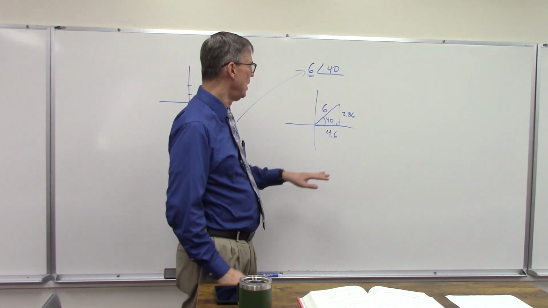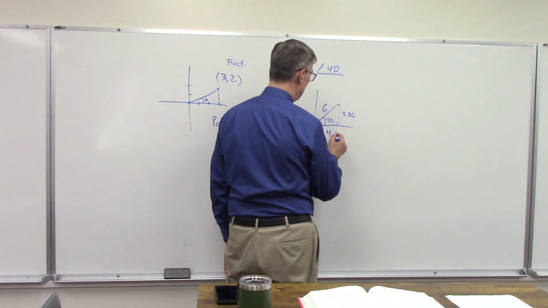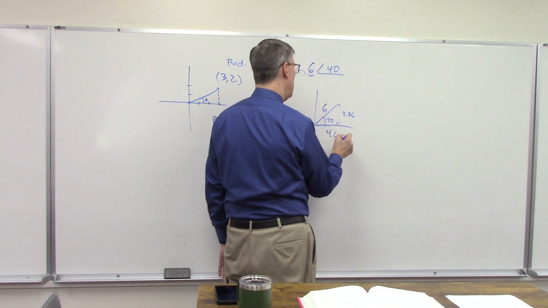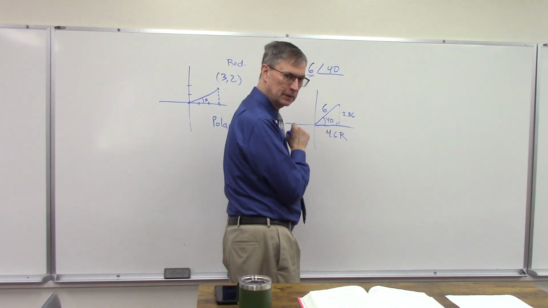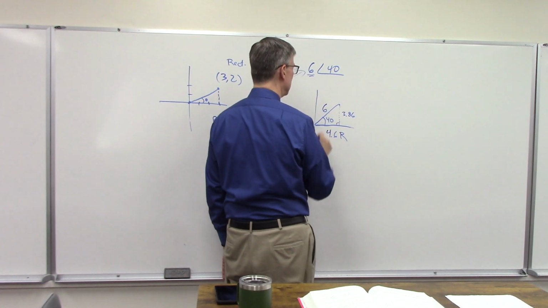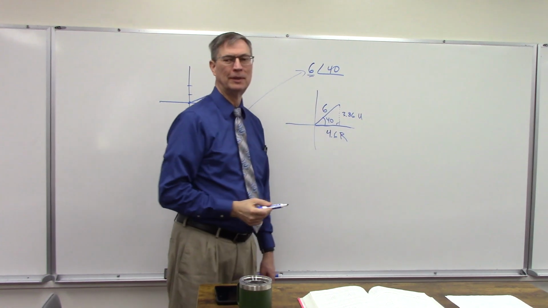Okay. Now we need to have a way to write this. Okay? So the 4.6 is on this axis. So we use the letter R because it's kind of to the right. Okay? So we use R for right. And then this is on this axis, and so we're going to use U for up. Okay?